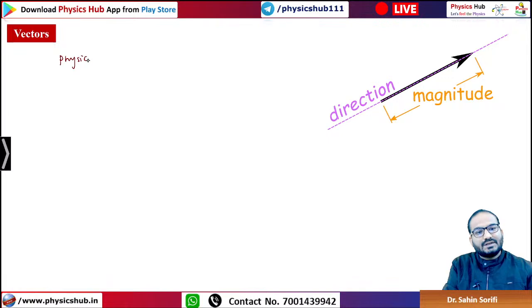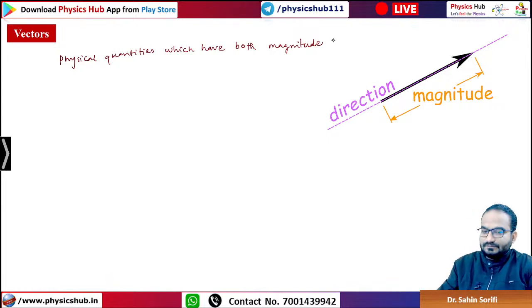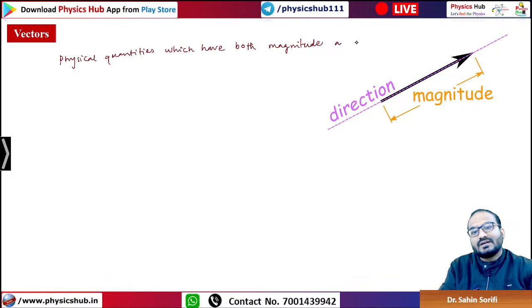Physical quantities which have both magnitude and a finite direction are called vectors.